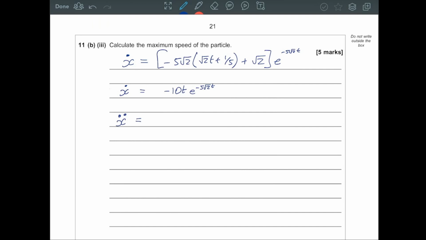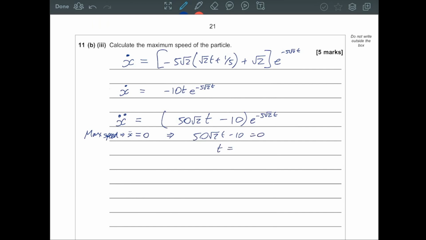If I differentiate this again, it's another product rule. So I'm going to have 50 root 2t when I differentiate the e term, minus 10. So max speed is going to mean that x double dot equals 0, which is 50 root 2t minus 10 equals 0.